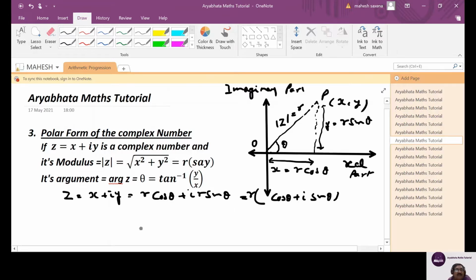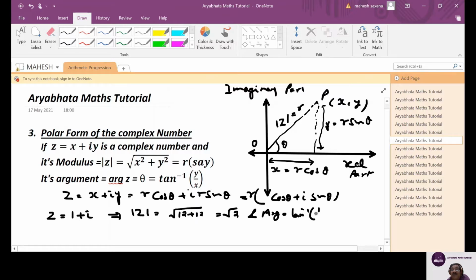For example, suppose z is equal to 1 plus i. In this case, modulus of z is equal to under root 1 square plus 1 square, that is under root 2, and argument z is equal to tan inverse y upon x. Y is 1, x is 1, so tan inverse 1 by 1 is pi by 4, that is 45 degrees.